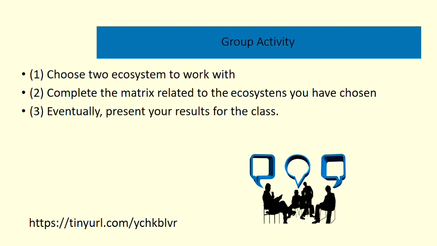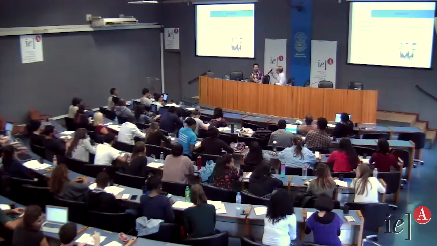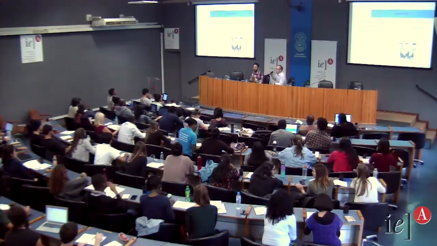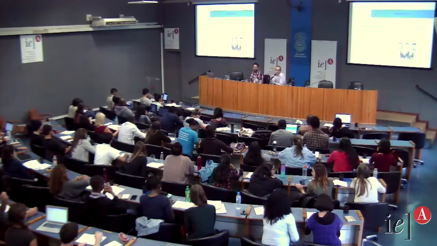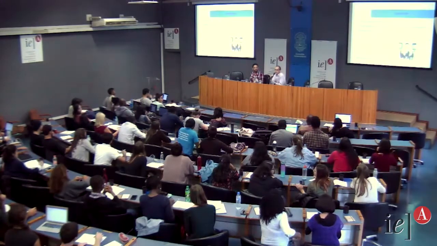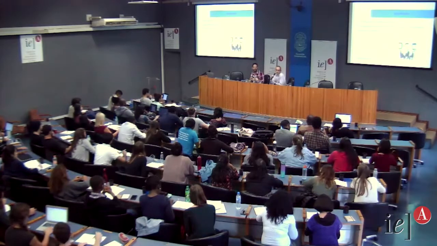The metrics are in your hands now, and eventually present your results to the class. Or maybe two or three of you can comment a little bit about your choices and findings in this exercise. There is a link; you can have on your computer or cell phone all those ecosystems that were presented here, so it would be nice to review and think about them.